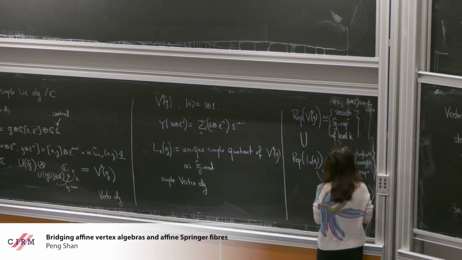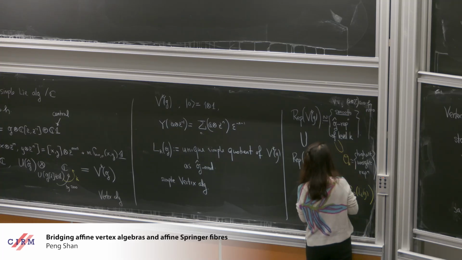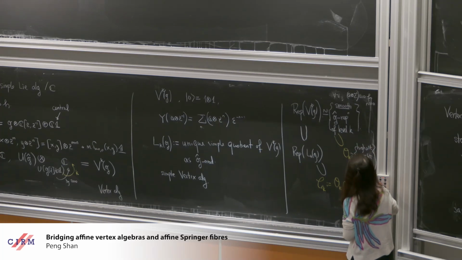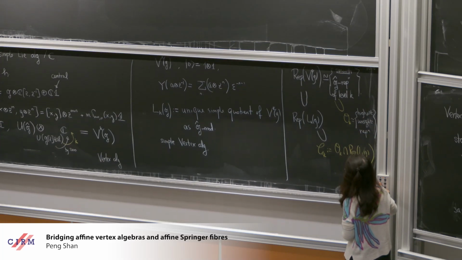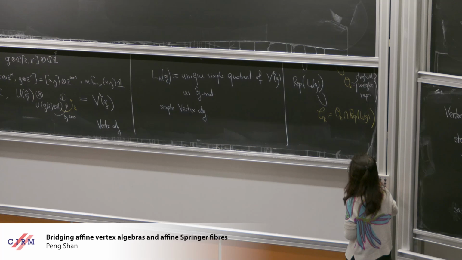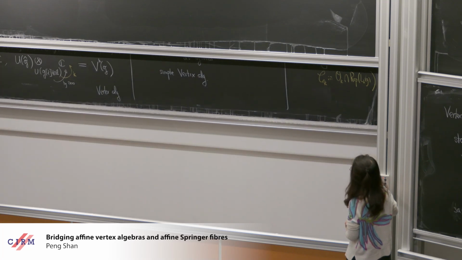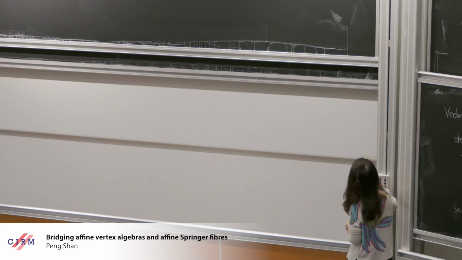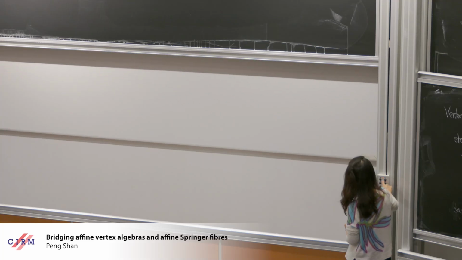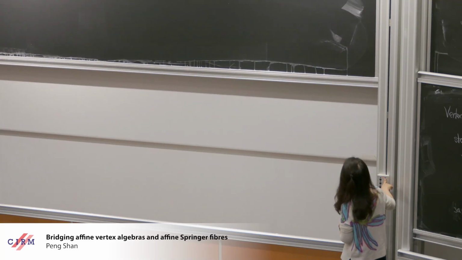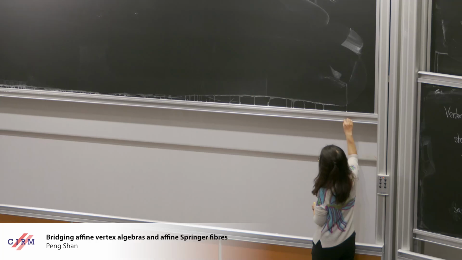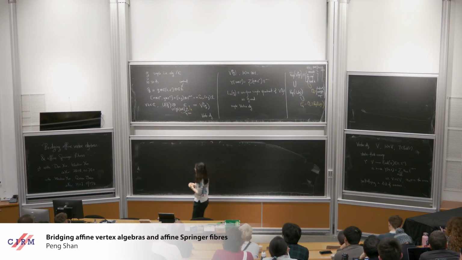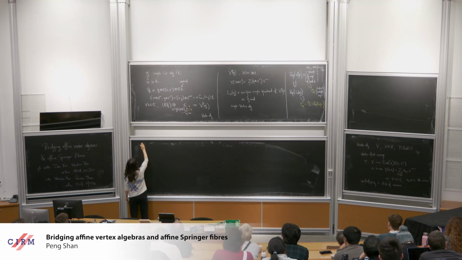Okay. So this is the category I would be interested in, and whenever you have a representation category, the first question you want to ask is what are the irreducible objects in it, and how is it parametrized? So in this talk, we'll be interested in two kinds of questions.